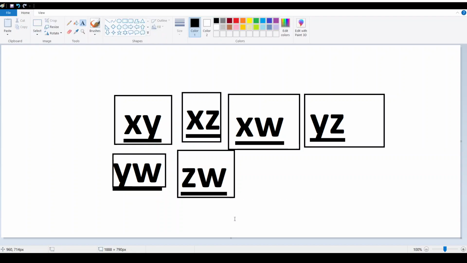Now these are all possible planes we could use. They are all perpendicular to each other.